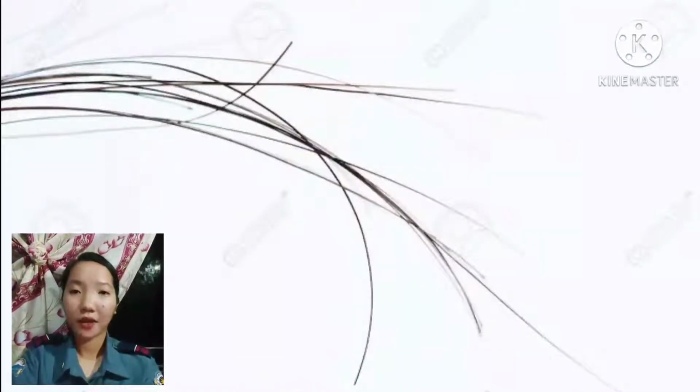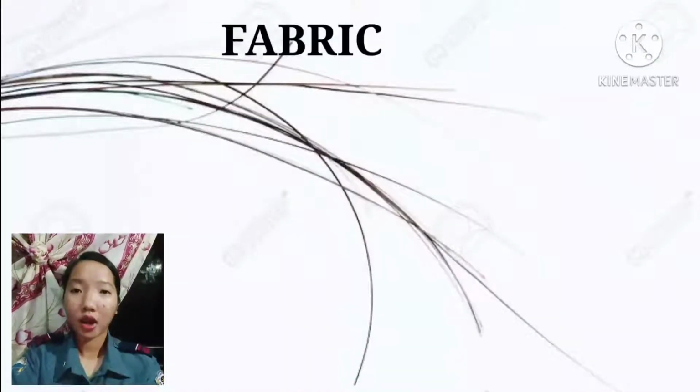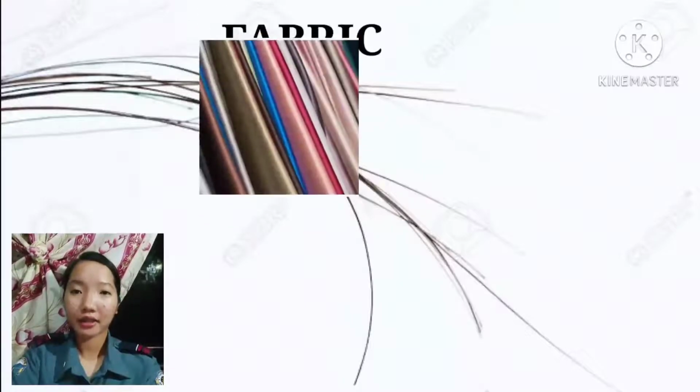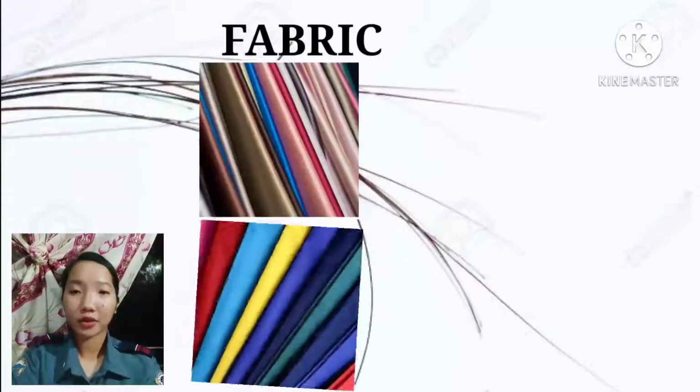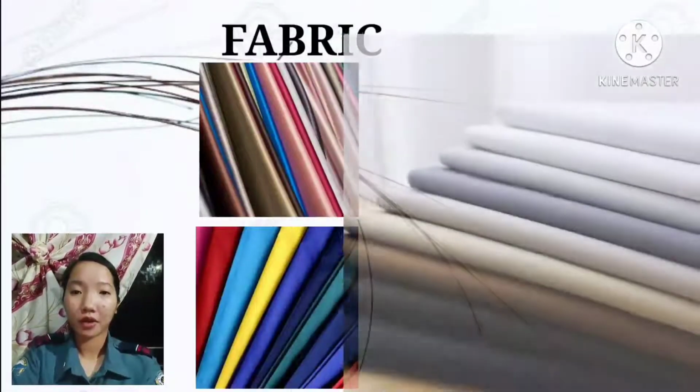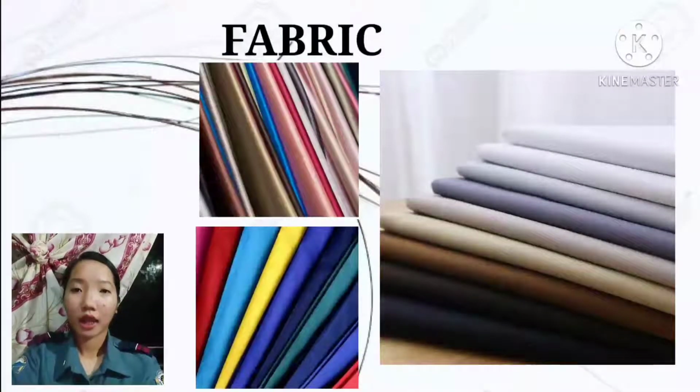Then we have the fabric. Ito ay ang cloth or materials na na-produce gamit ang pagwi-weaving. Kasama dito ang nylon, cotton, and etc. Ito ay ang ginagamit sa paggawa ng mga damit, kurtina, at iba pa.